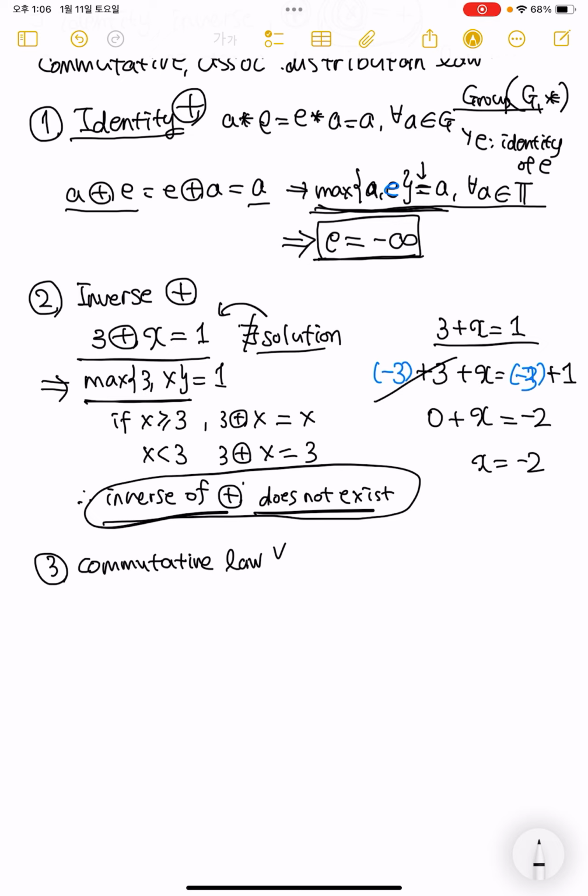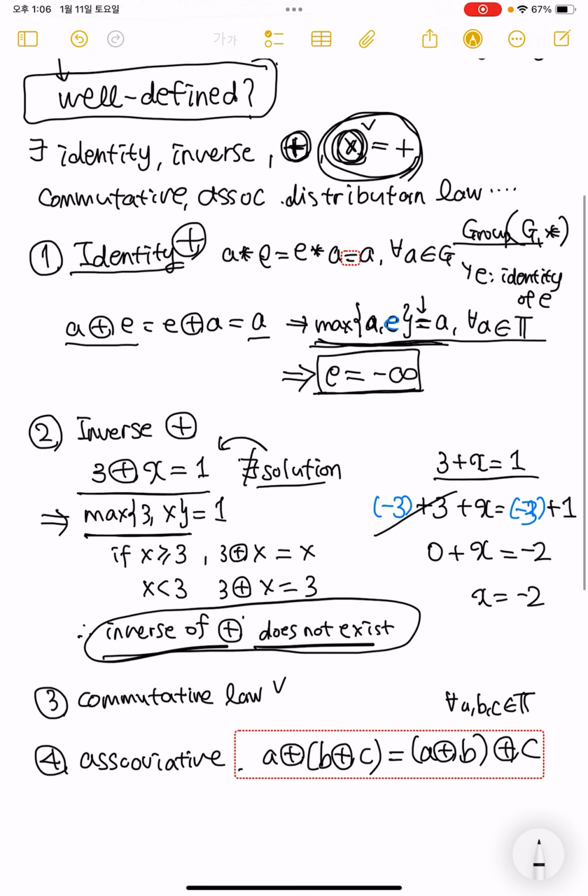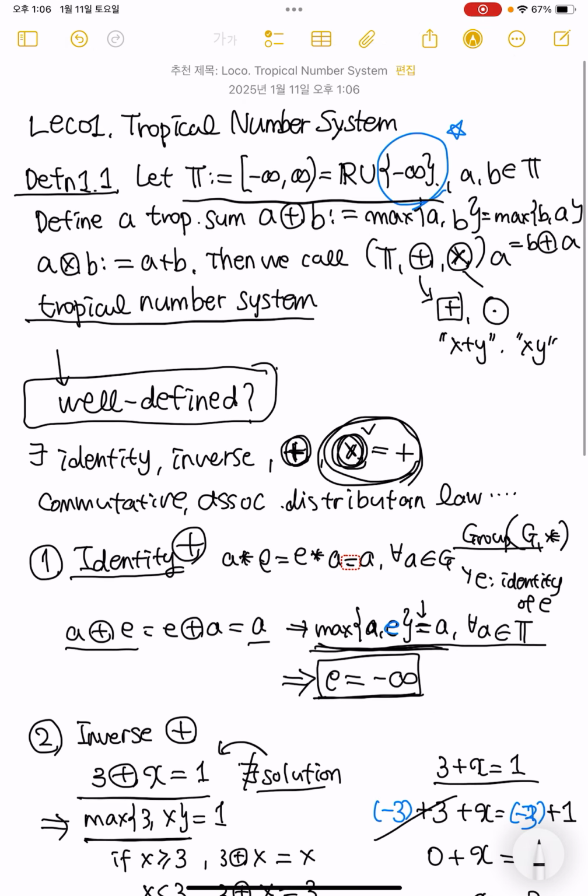And in the case of the associativity law, the tropical sum of A and the tropical sum of B, C is equal to this, for every A, B, C in T. That is easy to prove because by definition we can give an order.